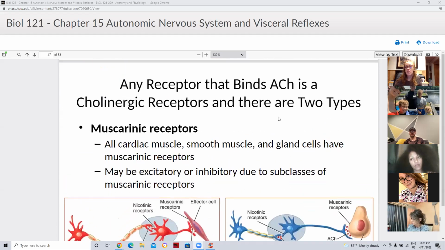Any receptor that binds acetylcholine is a cholinergic receptor, and there's two types: muscarinic receptors, which are found on all cardiac muscle, smooth muscle, and gland cells. And they can be excitatory or inhibitory due to the different classes of muscarinic receptors.